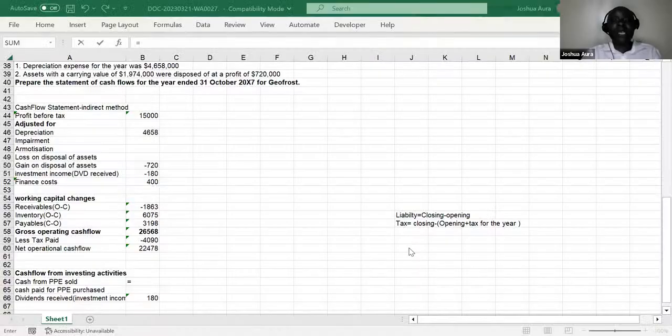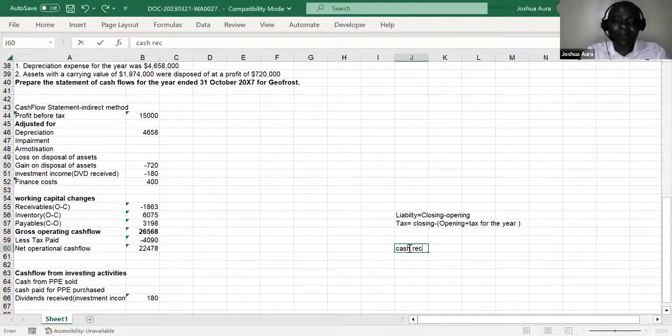Perhaps when I write this, it will be simpler for all of us. Ladies and gentlemen, please listen. For us to be able to get the cash received from PPE, this is what you shall always do.